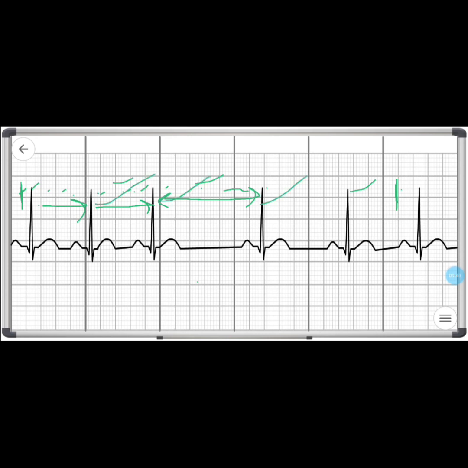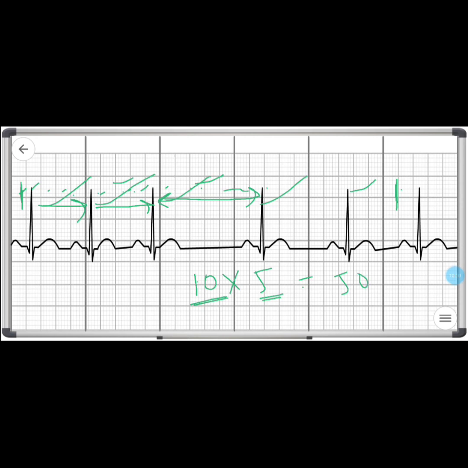It's 1, 2, 3, 4, 5. So you multiply 5 with 10. Here 10 is the constant, and 5 denotes the number of R waves in these 30 boxes. So that's equal to 50.